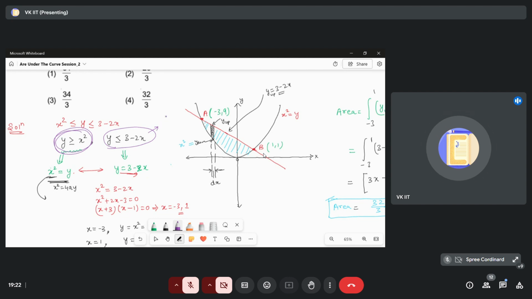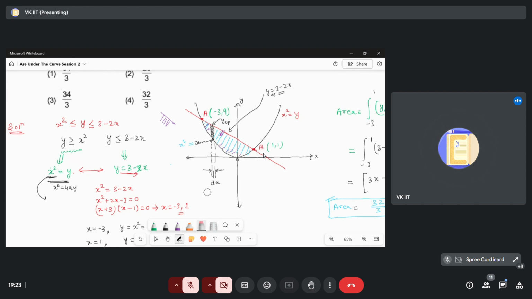This is saying that the area should be taken below the line. And this curve is saying that the area should be taken inside the curve. You can see. So inequality also plays an important role in understanding which region they are actually asking for.